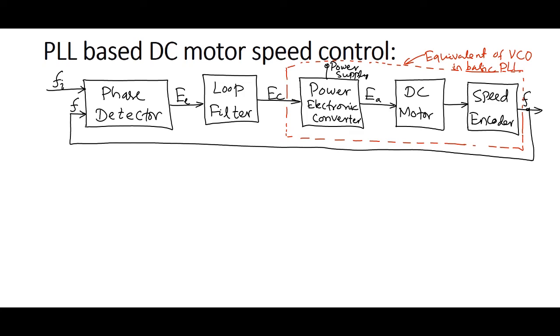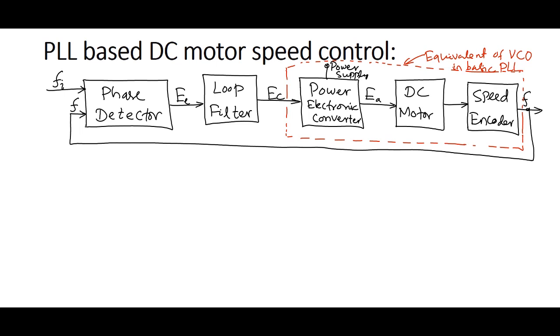The output voltage is the input to the DC motor. DC motor speed varies in response to output voltage EA, or in other words in terms of control voltage EC, and DC motor speed is converted to an output pulse train F by the speed encoder.